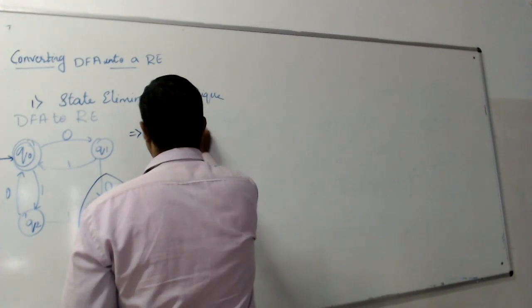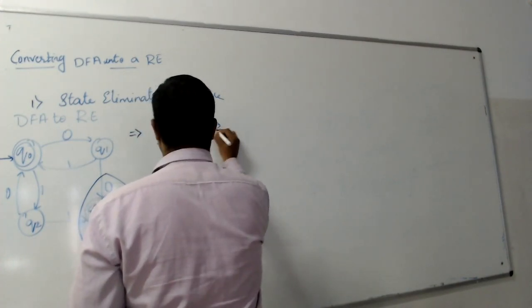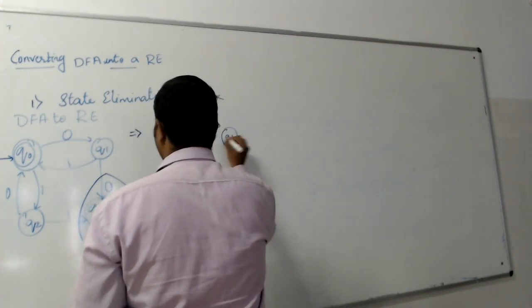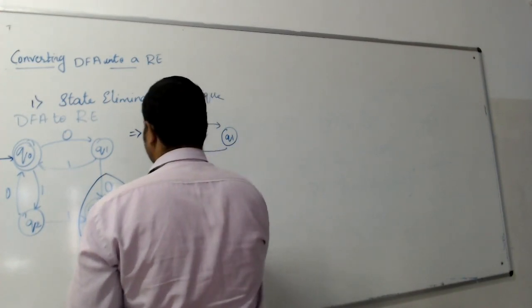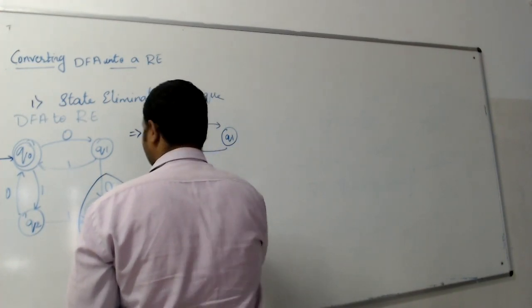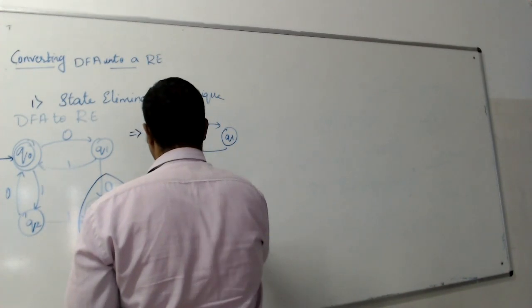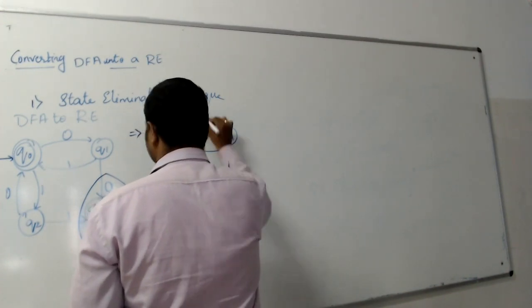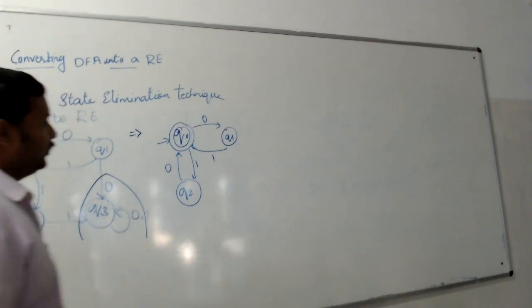So the redesigned DFA will be drawn here. Q0, final state and a start state. Q1, Q2.